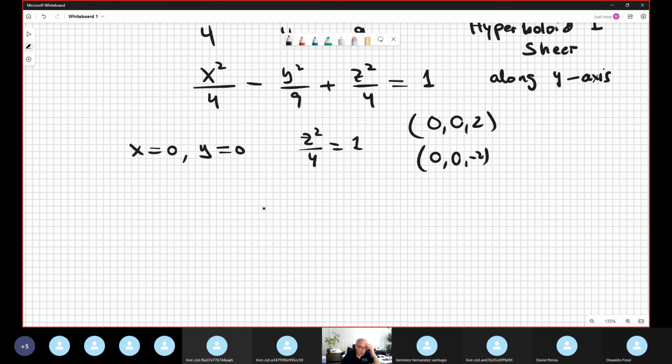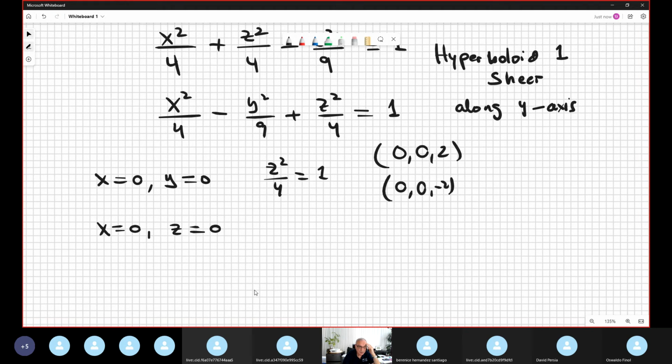Now suppose x = 0 and z = 0. Then we have negative y squared over 9 equal to 1, right?